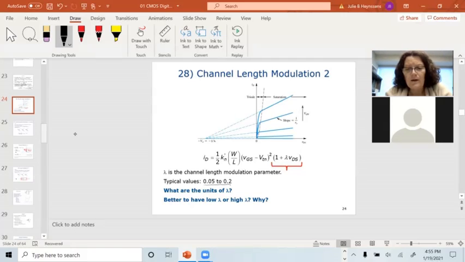Ideally, we would want lambda equal to 0, because that would give me perfectly flat curves, which is what I want my transistors to look like. This is a deviation from ideality. Ideally, lambda equals 0, which would mean the early voltage, which is 1/lambda, would be infinity.